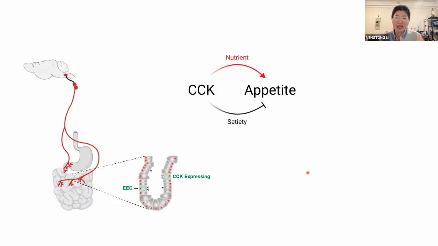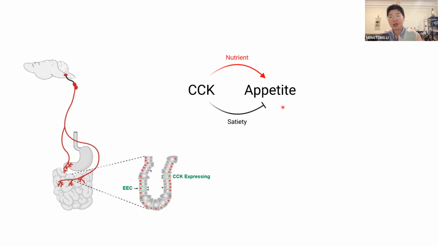Canonically, CCK is known as a satiety hormone in the gut, modulating food intake by suppressing appetite. However, the function of the nutrient circuit is to promote nutrient consumption. So how can CCK function both as a satiety hormone and as a nutrient preference signal in the gut?